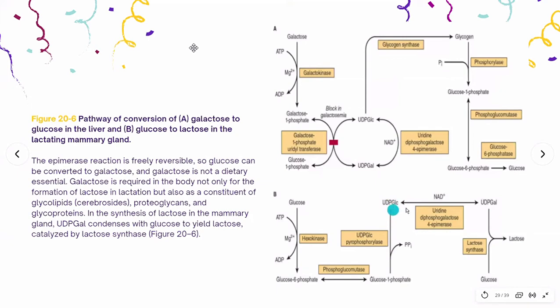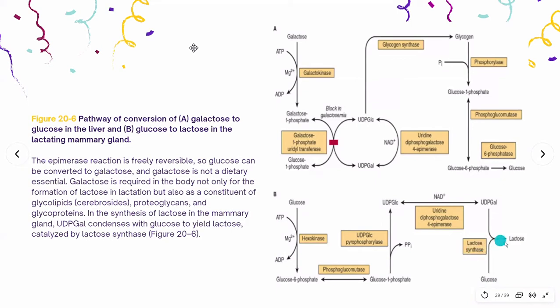That UDP glucose can be converted through an epimerase to UDP galactose, and a molecule of glucose, combining the two together through a lactose synthase.